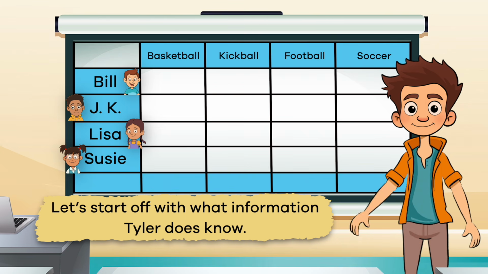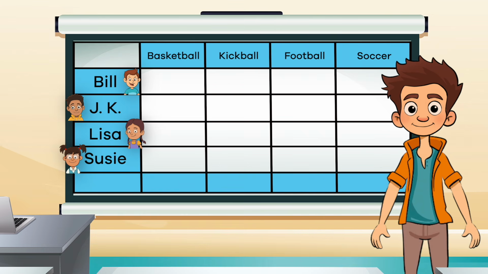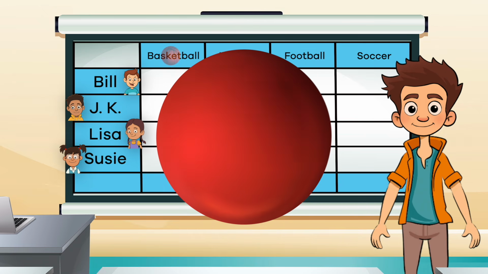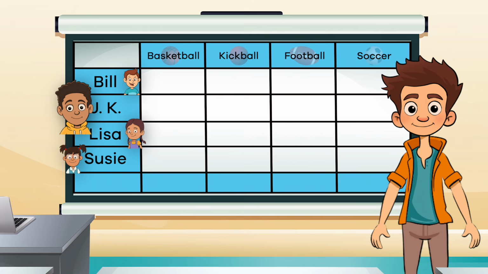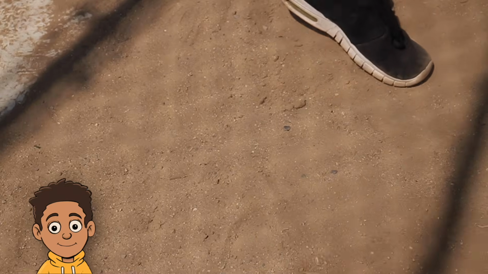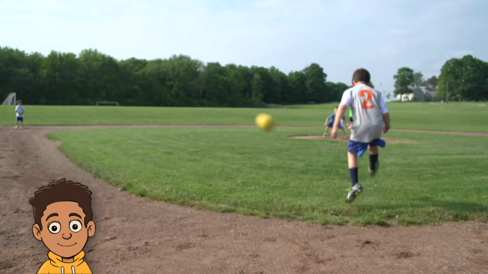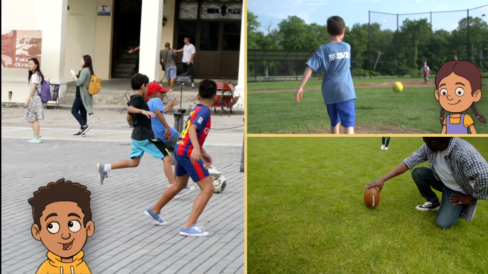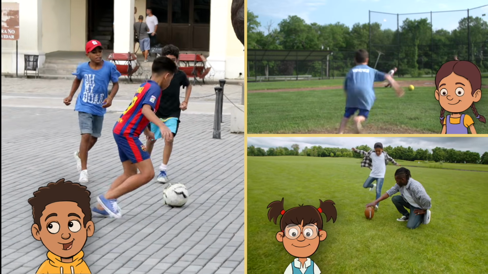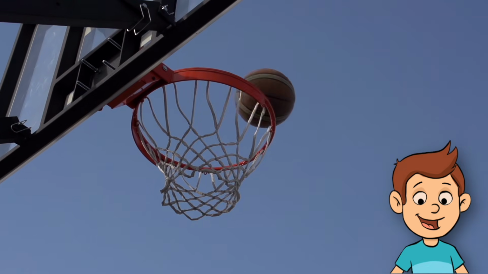Let's start off with what information Tyler does know. There are 4 sports to choose from: basketball, kickball, football, and soccer. Tyler knows that JK likes to kick the ball, but does not like kickball. He also knows that JK, Lisa, and Susie do not play the same sport as Bill.